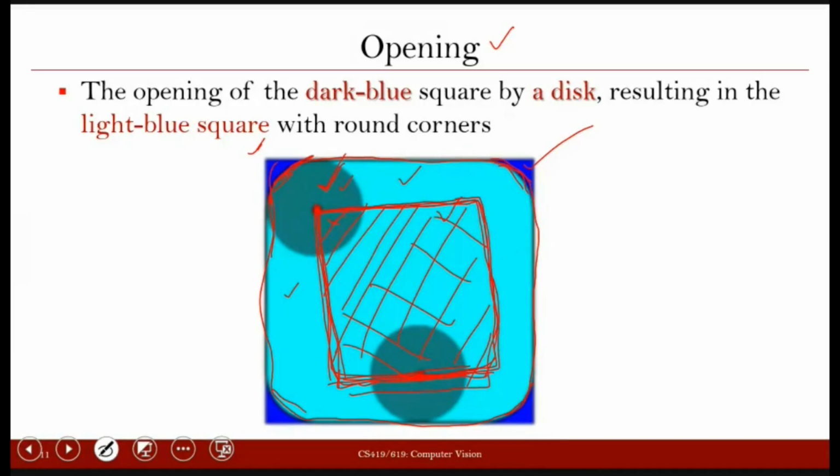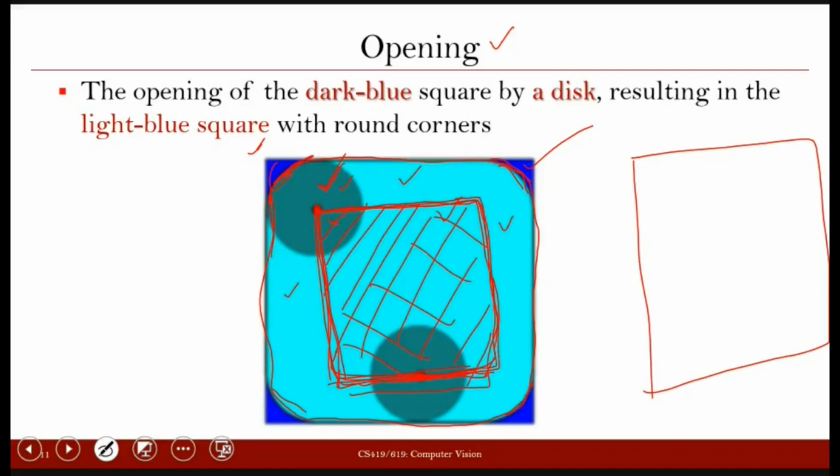One thing you can notice from this example is that when we are performing opening, that means erosion followed by dilation, we are not able to completely retain the original object. We will be able to retain the shape up to quite an extent, but it may not be exactly the same as what we had at the beginning. You can observe here that initially our object was this big rectangle where everything was dark blue, but in the output this light blue area is not the same as the previous dark blue area.